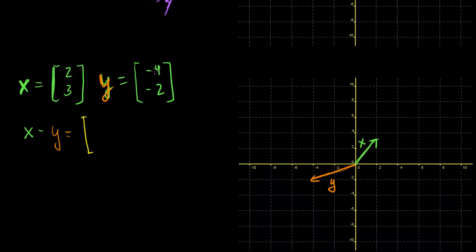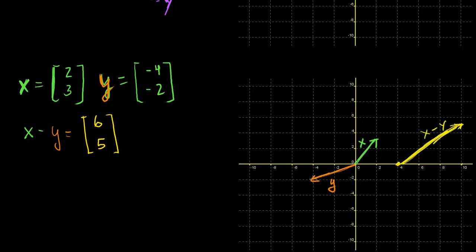That's the same thing as 2 plus 4, so it's 6. And then it's 3 minus -2, so it's 5. So the difference between the two is the vector (6, 5). You could draw it out here again. To add 6 to 4, you go over there, and then up 5. The vector would look something like this. It shouldn't curve like that. So that's x minus y.